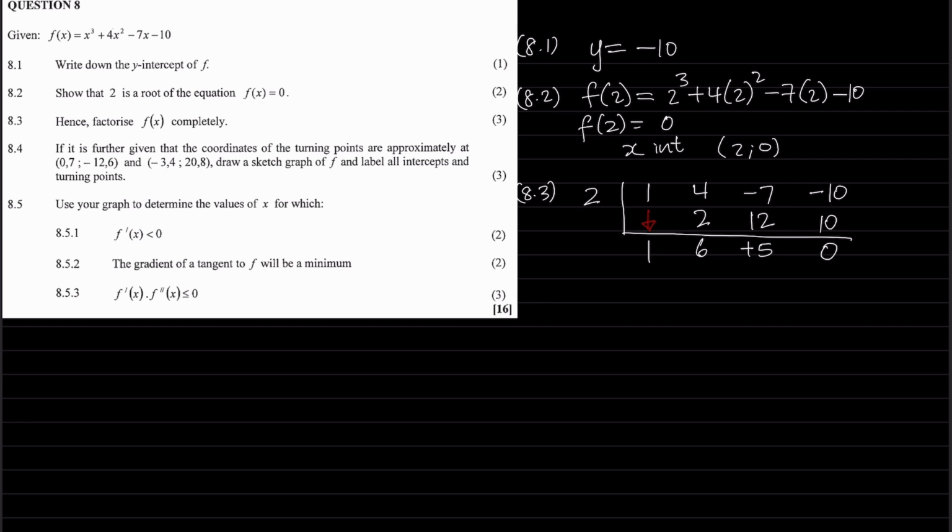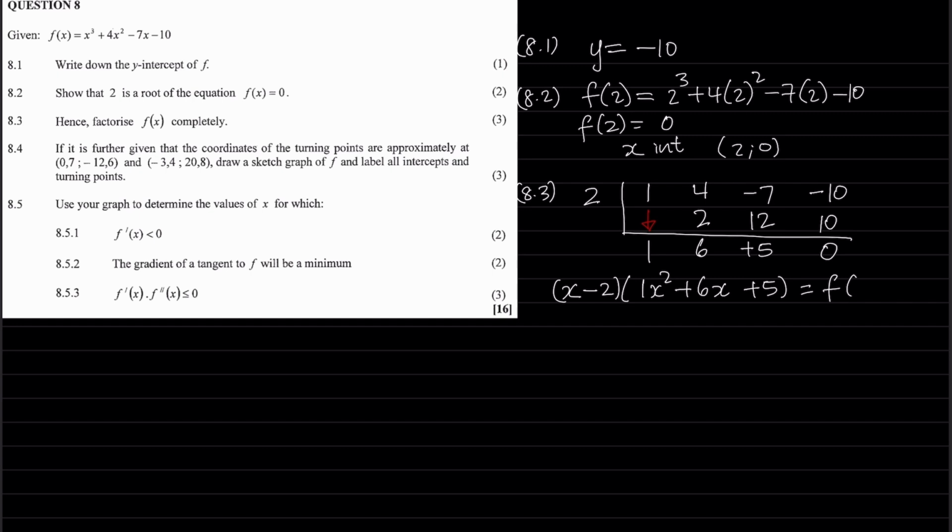Now from here, we're going to get the remaining bracket. So my first bracket is going to be x minus 2, because x equals 2 is one of my solutions. And the remainder is going to be 1x squared plus 6x plus 5.